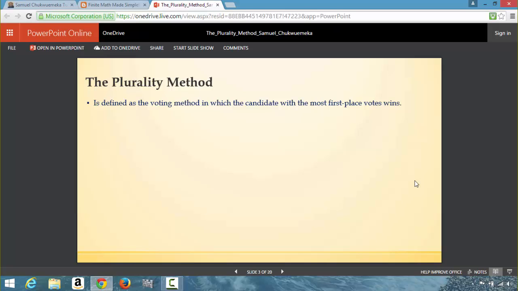When the race is just between two candidates, it is easy to have a candidate win more than 50% of the vote. A candidate that has more than 50% of the vote is what we call a majority candidate. So you have 100 voters. 50% of 100 is 50. So if a candidate wins 51, not 50, but 51, that candidate is the majority candidate.